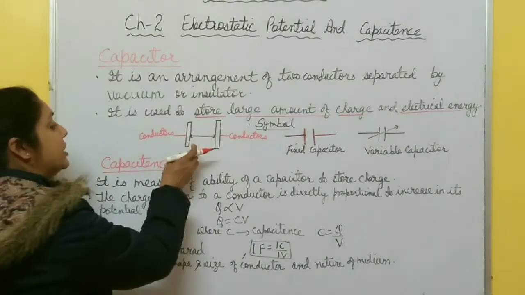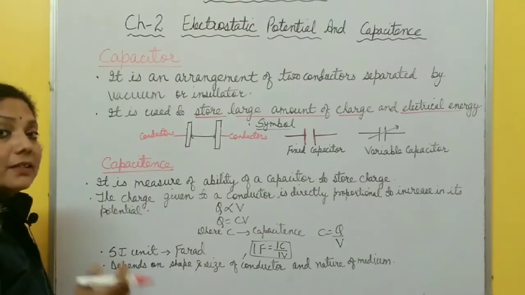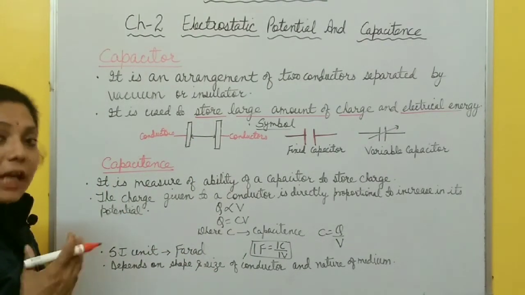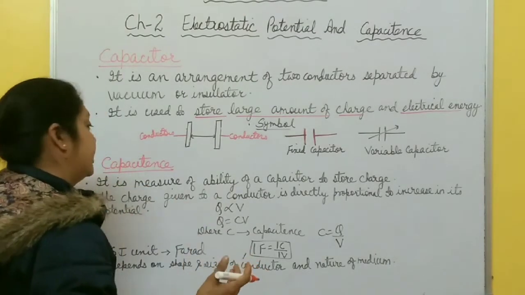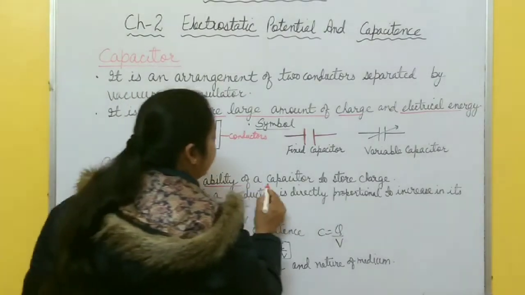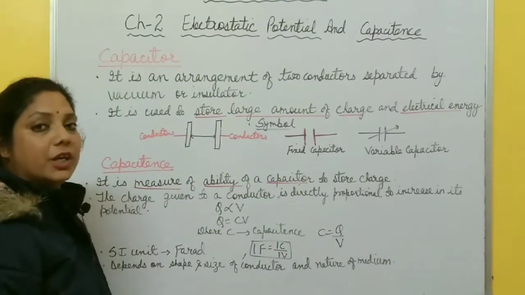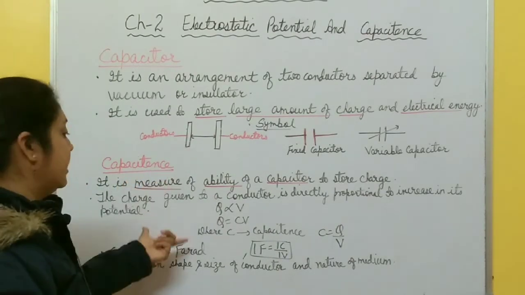Now, how much charge can this capacitor store? That is called its capacitance. The ability to store a large amount of charge, right? This is called capacitance. It is a measure of the ability of a capacitor. How much charge any capacitor can store, that is called capacitance.